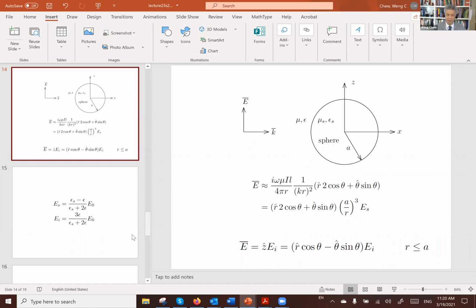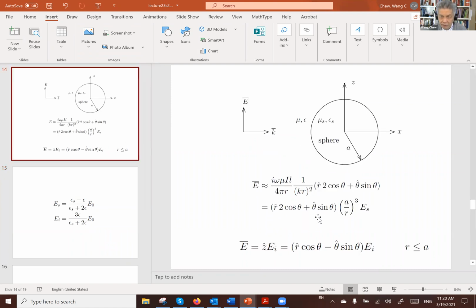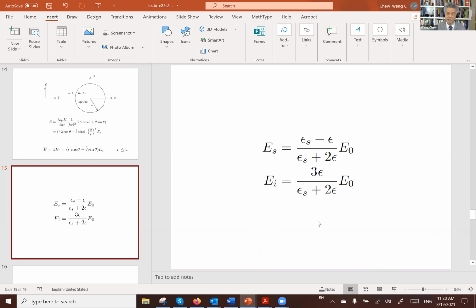You found what ES and EI is. This is a scattered field, the dipole moment. From here, ES is this one. You have found your EI, and they're given to be these solutions to statics.